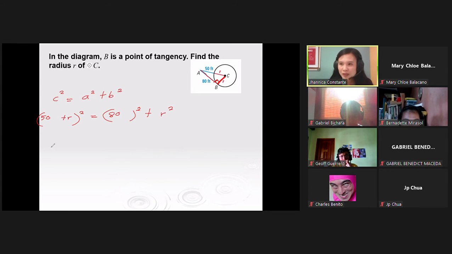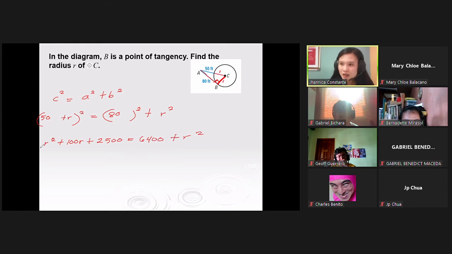So we will have r squared plus 100r plus 2,500 equals 6,400 plus r squared.